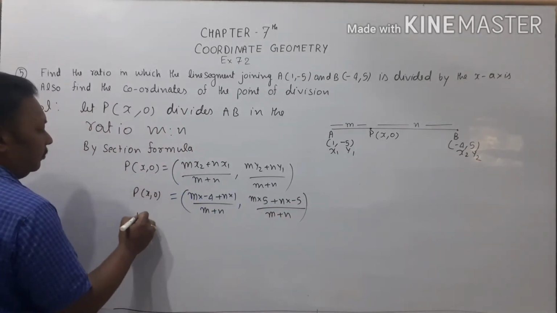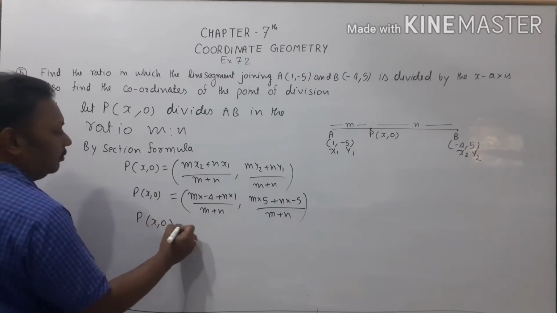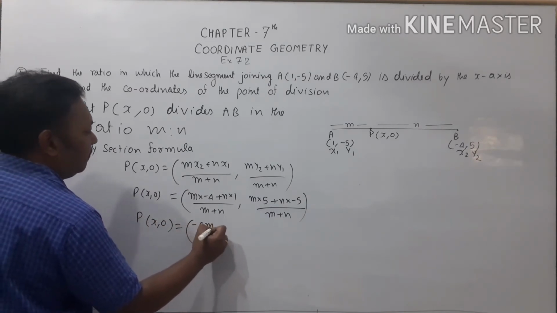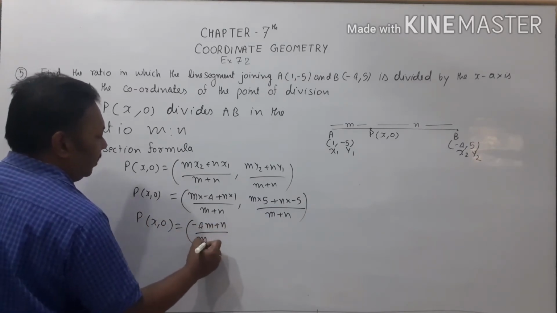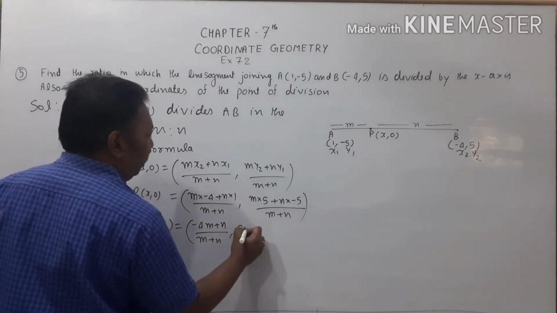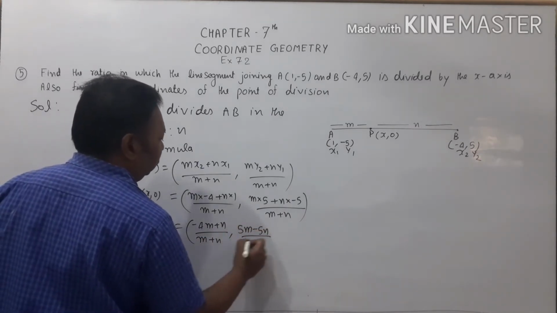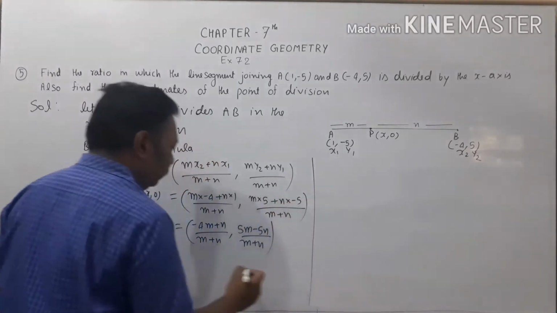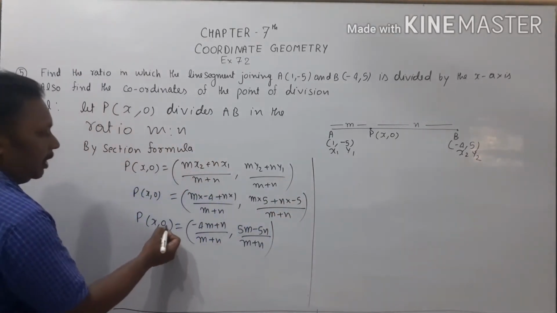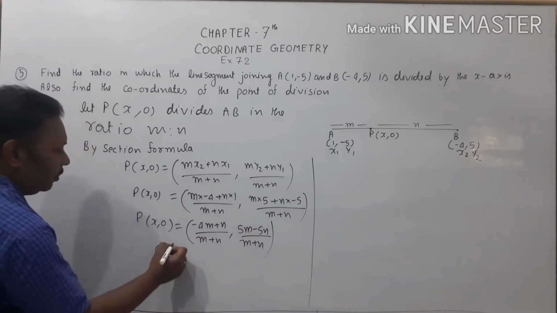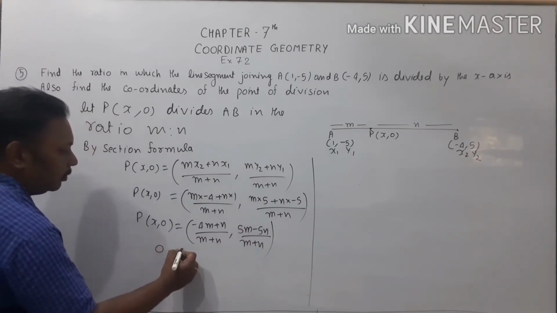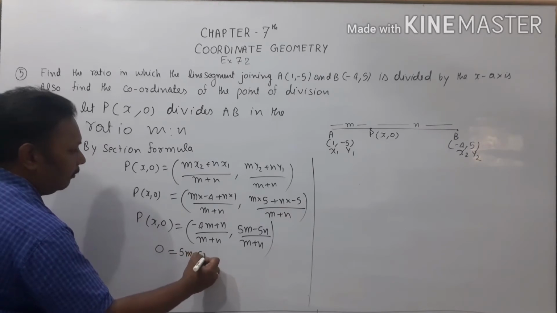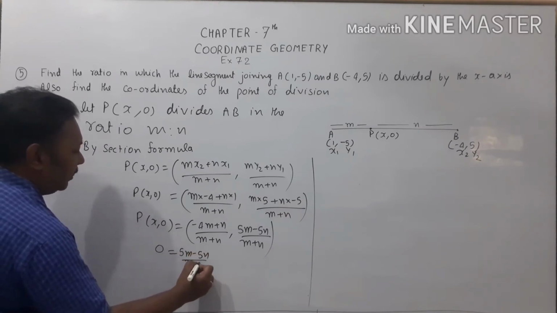So P(x, 0) equals (-4m plus n upon m plus n, 5m minus 5n upon m plus n). Compare this point. So 0 equal to 5m minus 5n upon m plus n.